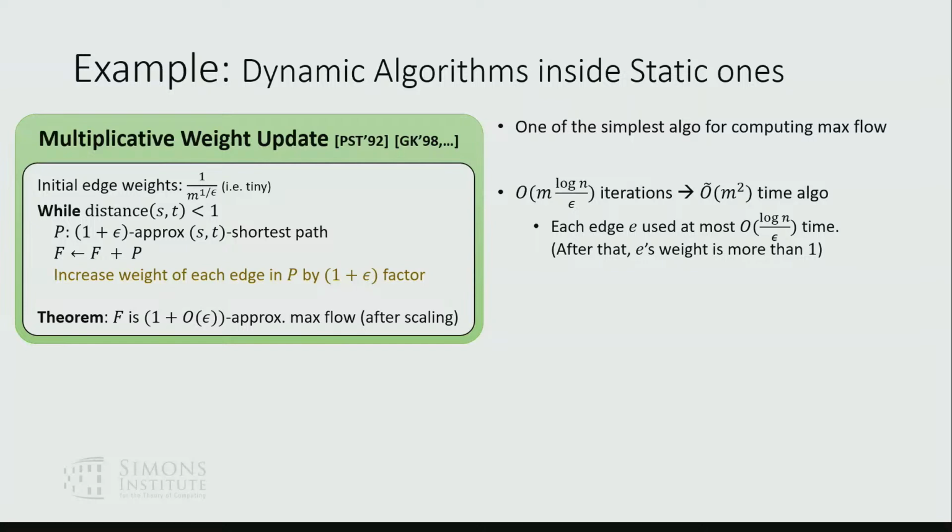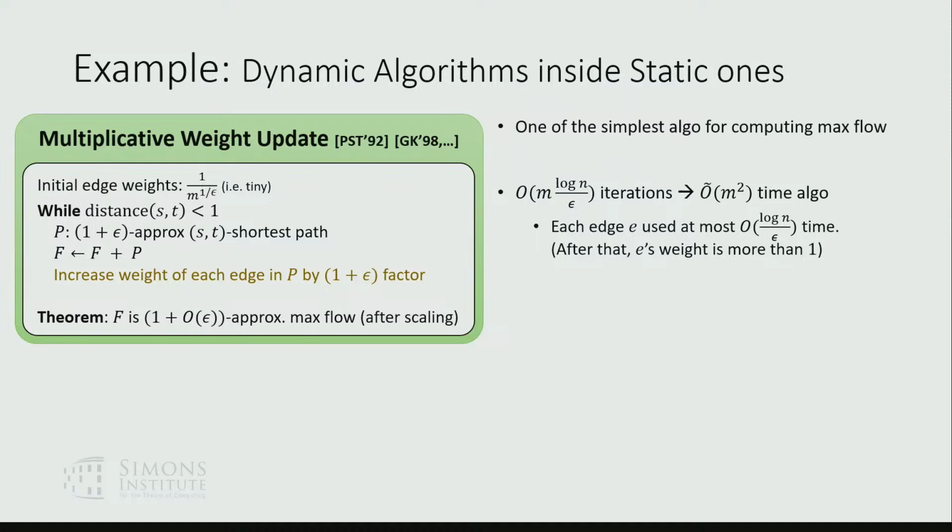The reason is that every edge will be used in a path at most something like log over epsilon squared times. Every time you use an edge, its weight increases by a factor of 1 plus epsilon, right? This increases exponentially.